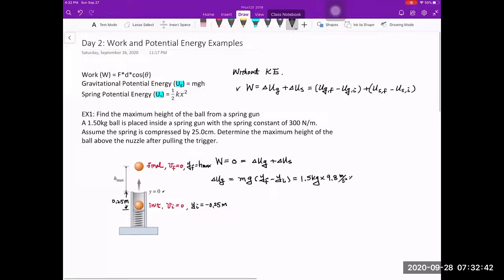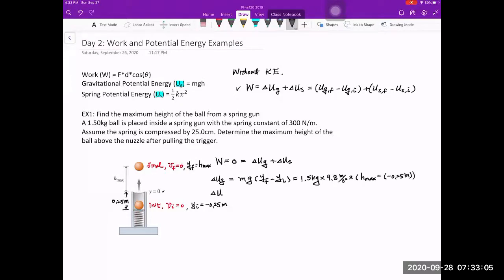And what is the change of height? The change of height is h max minus negative 0.25. Okay, don't just write minus 0.25. This is the correct answer.